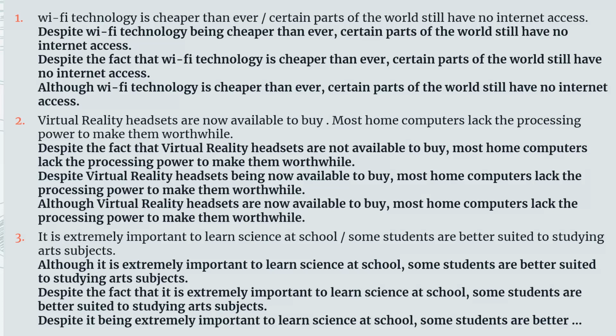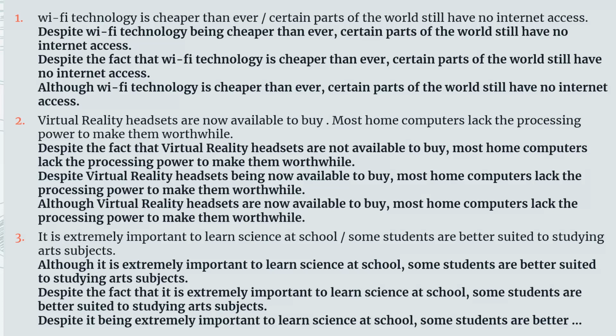The last sentence, pieces of a sentence actually: it's extremely important to learn science at school. Some students are better suited to studying arts subjects. So I could connect these 2 clauses to form a complex sentence.